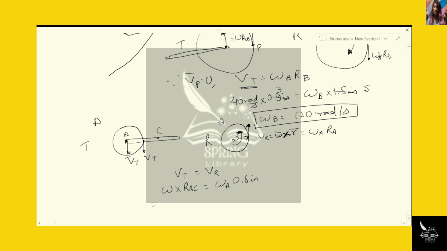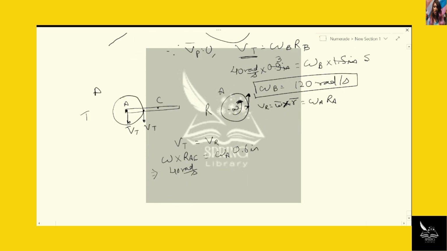And we know that omega is 40 radians per second, Rac is 1.2 inches, times omega A times 0.6 inches. Inches cancel, 0.6 cancels 1.2 two times. Then omega A is going to be 80 radians per second.